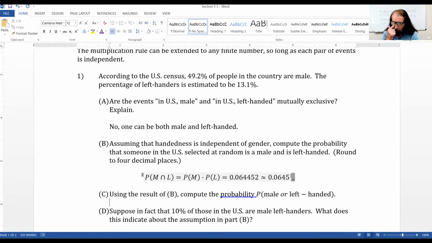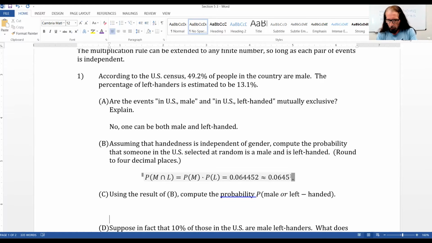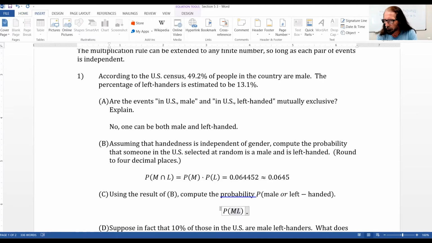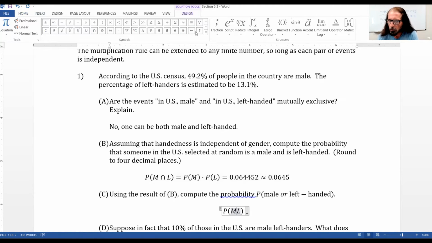Now, next we are asked for computing the probability of male or left-handed. For or, we need to use what we learned about addition, and then worrying about whether or not we have mutually exclusive events. So, or, remember some textbooks call that the union of 2 events and would flip this symbol over. So one way of finding out this value, let's see if I can find the union symbol here real quick.